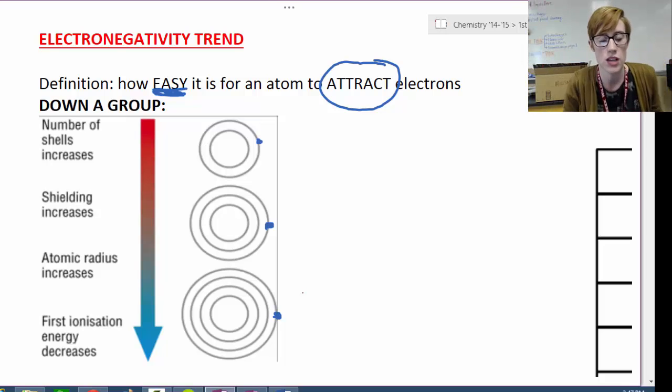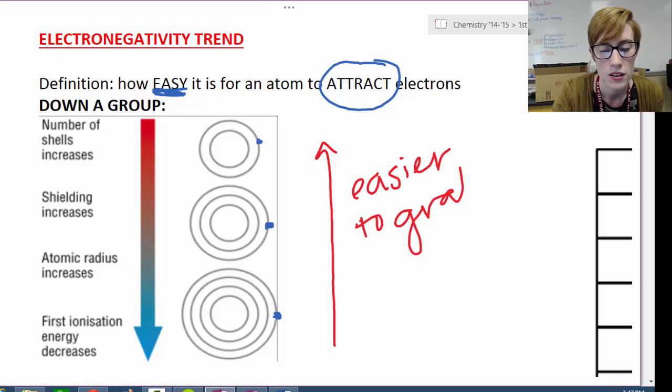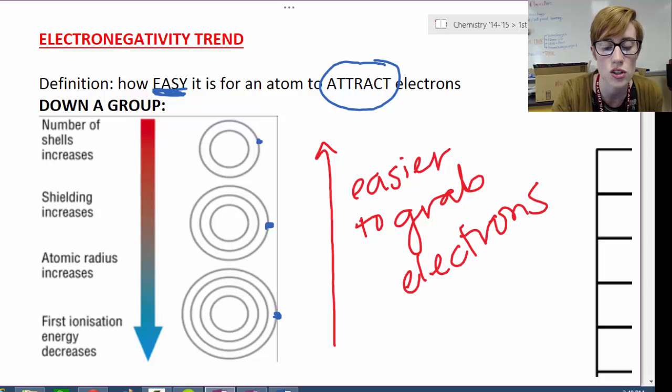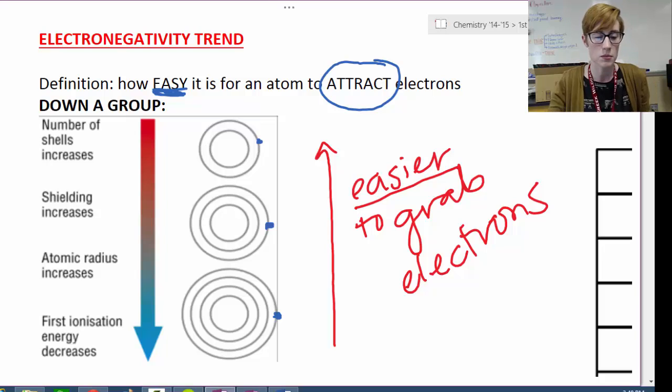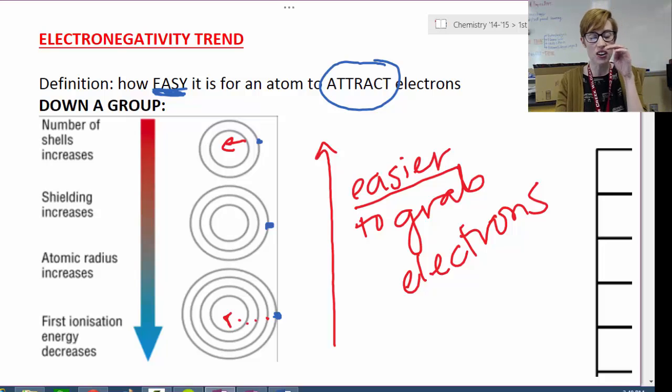It's harder to manage that. So as we go up the periodic table, it's easier to grab or steal or attract electrons. It's easier to attract them when you have a nucleus that's really close. Here, the nucleus is really far away, so it doesn't pull as tightly on new electrons.